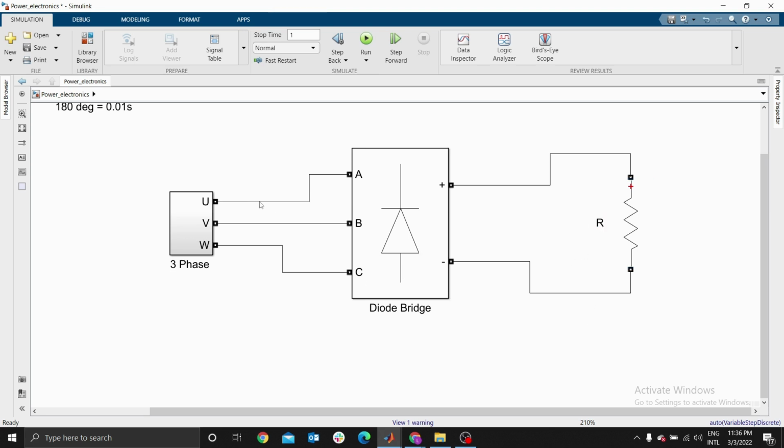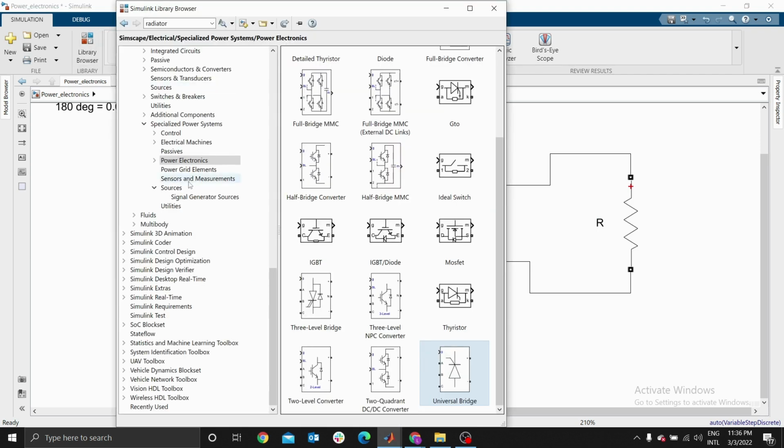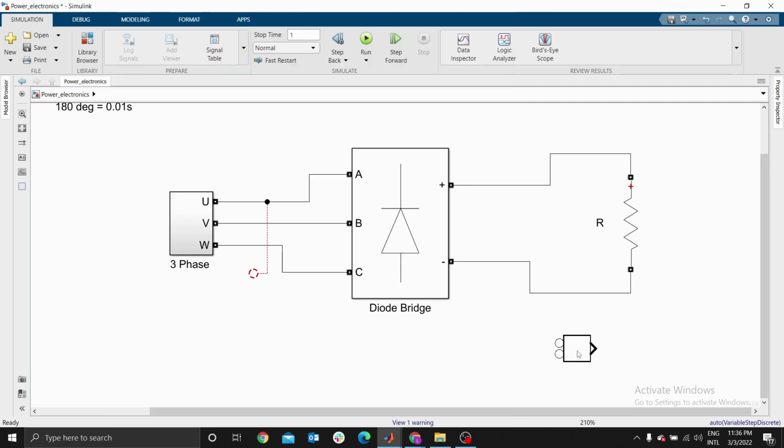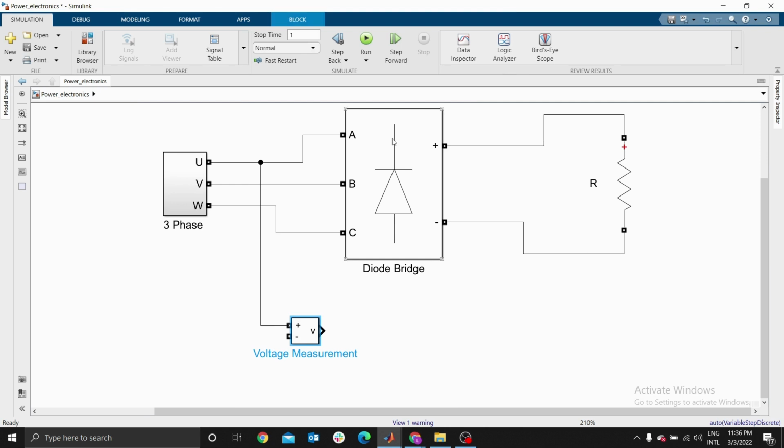I need to monitor the voltage here, here, and here. Therefore, I need to go back to library, measurements, and select my voltage measurement here. I need to measure all the voltages across U, V, and W so that I can do a good comparison. I need 3 of them.